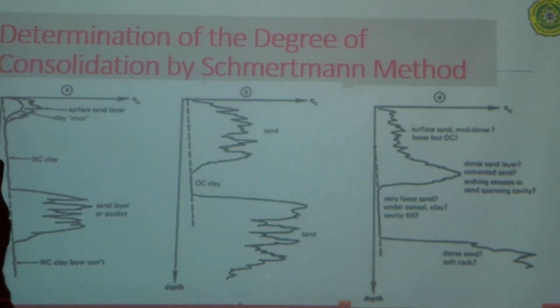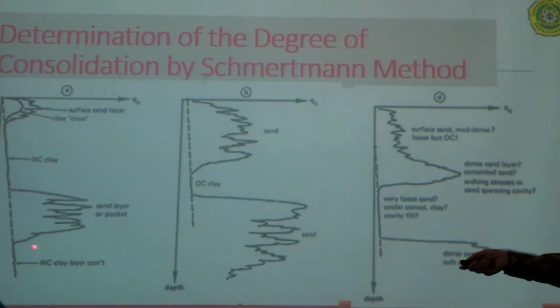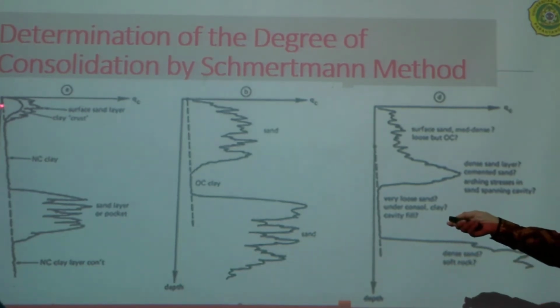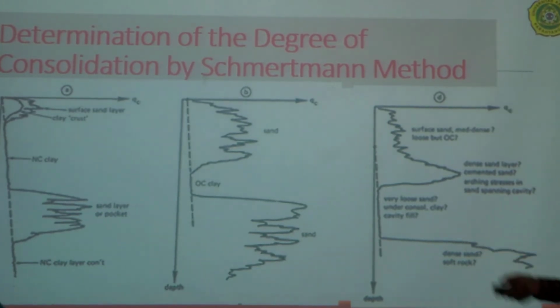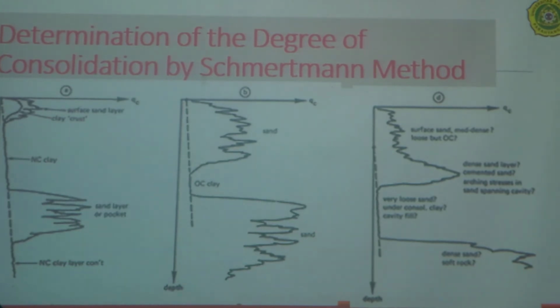The tip resistance is a function of the strength, so if the strength is increasing with depth, the tip resistance also increases with depth. So according to Smertman, if you have something like this, and then you come below the ground surface, this clay is still consolidating. Simple method.